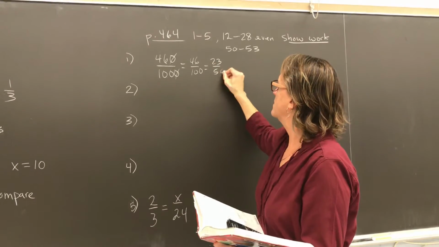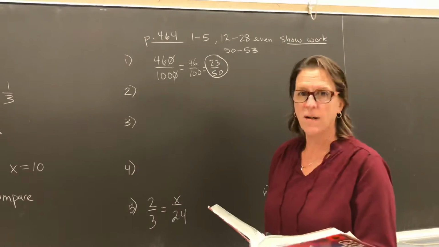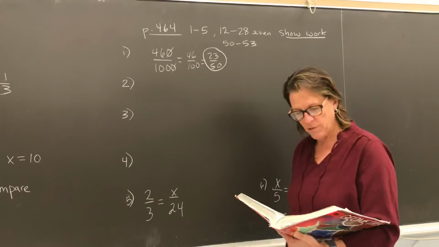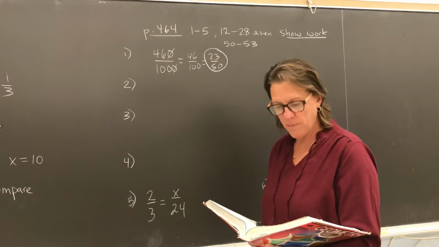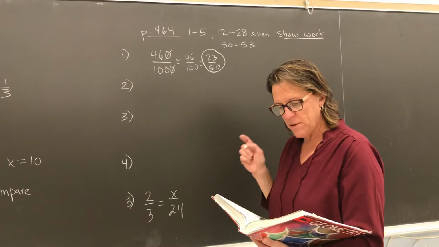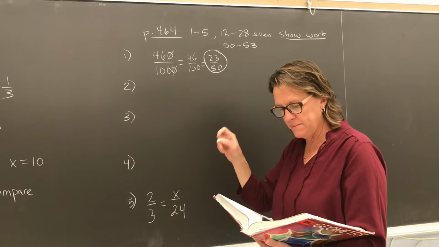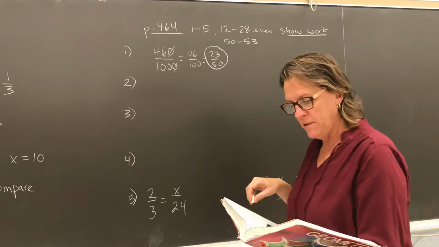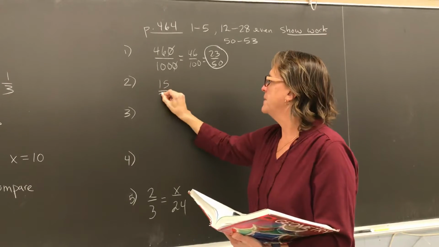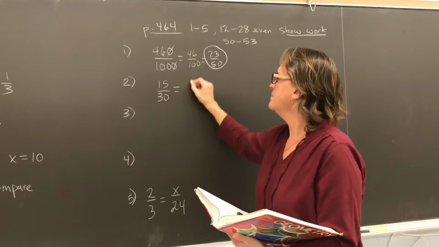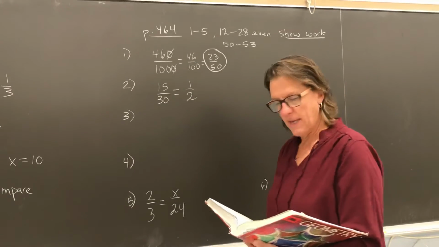So your final answer is 23/50, okay? And this is the kind of stuff you should be showing work. Number 2, 30 girls tried out for 15 spots on a basketball team. What's the ratio of open spots to the number of girls? So open spots was 15, number of girls is 30. Reduce that, so it's 1/2.